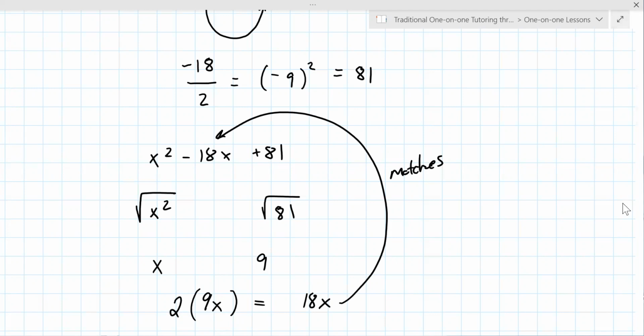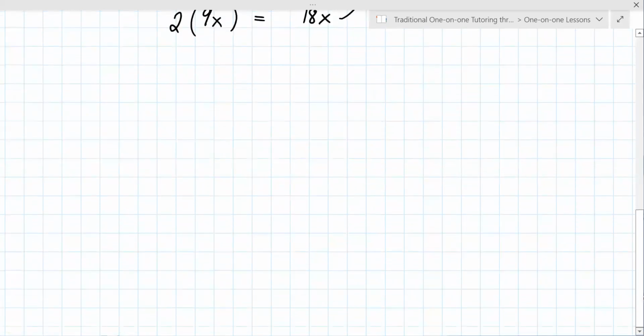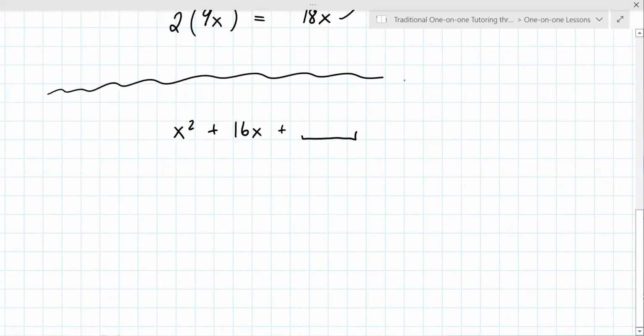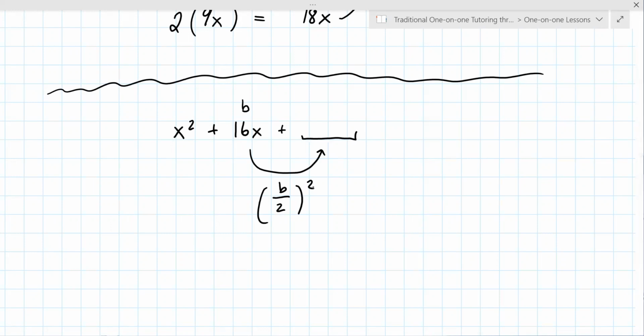So let's try another one here. Let's say it's x squared plus 16x plus blank. To figure out what goes in this position right here, you take this b, this number in front of x, you divide it by 2 and then square it. So what is 16 divided by 2 and then squared?